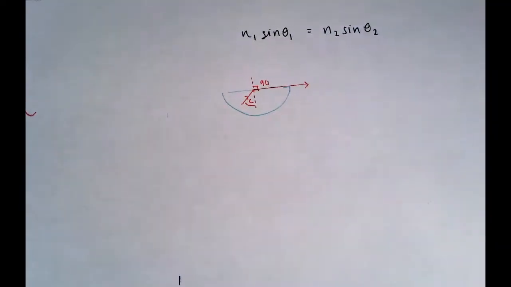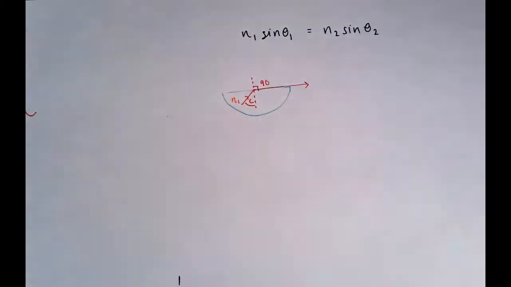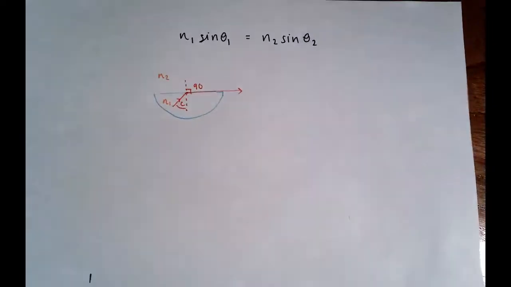This is the critical angle, which means that light will refract along the boundary, and this is 90 degrees. And I'm going to say that the glass is n1 and the air is n2, just in this particular instance.